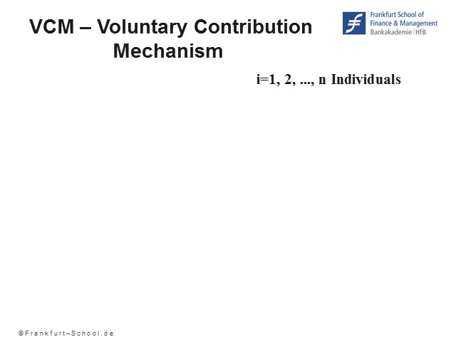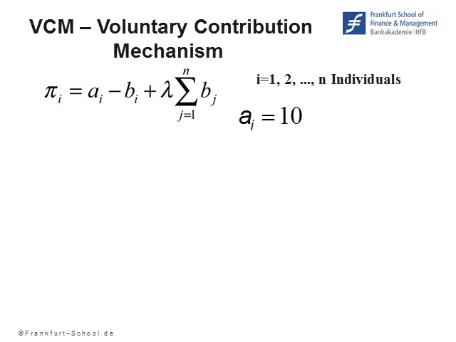Assume there are n individuals, and each individual earns money according to the function indicated here. Pi is what the person gets in the end. Ai is what she gets initially. Say Ai is 10, the initial endowment.